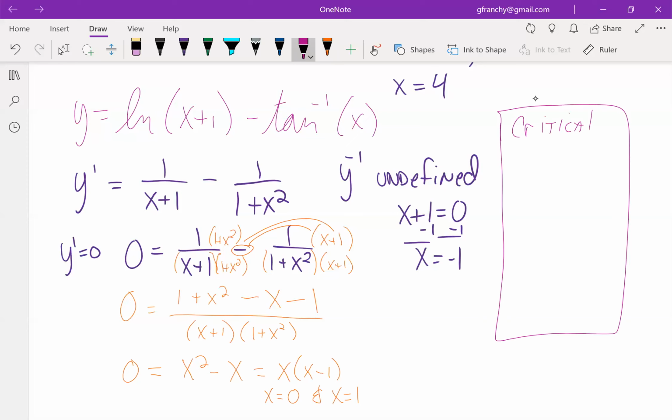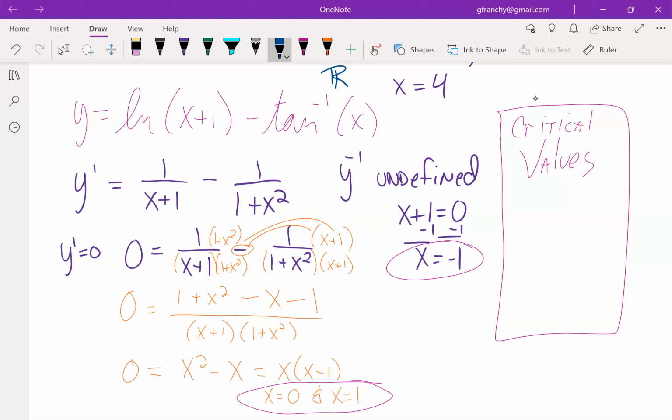So for critical values here, we have potentially 3 critical values. But when we go back to the domain of the original function, the domain of inverse tangent is all real numbers, so that's not a problem.